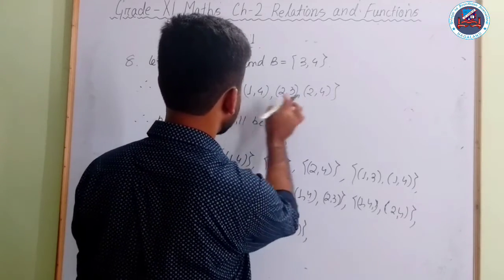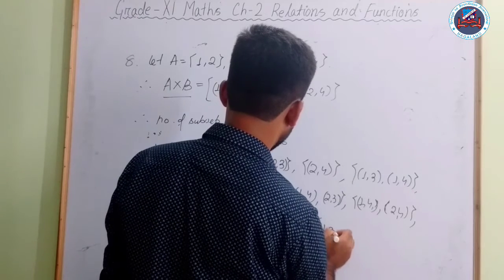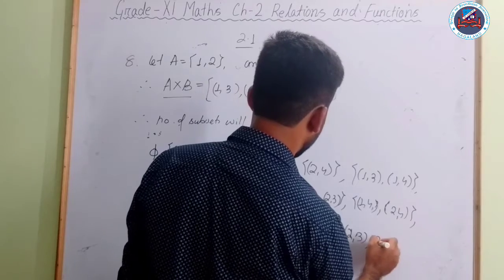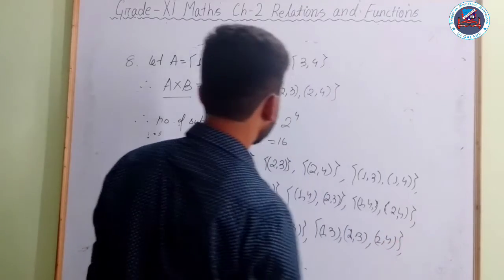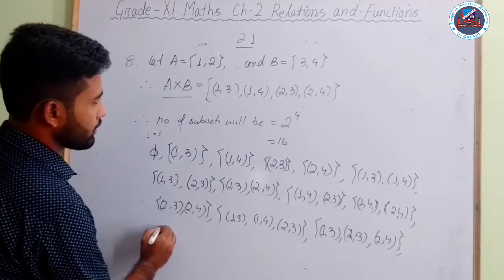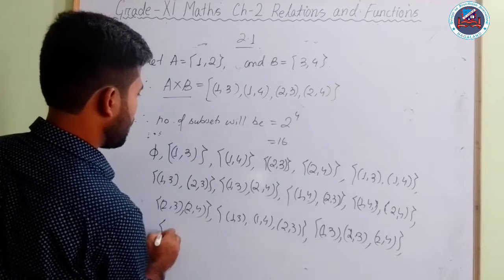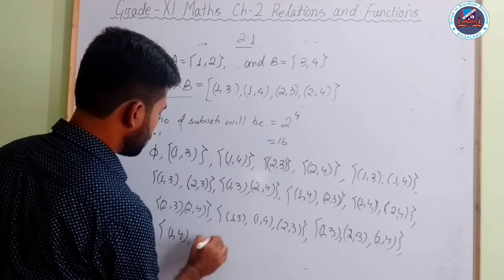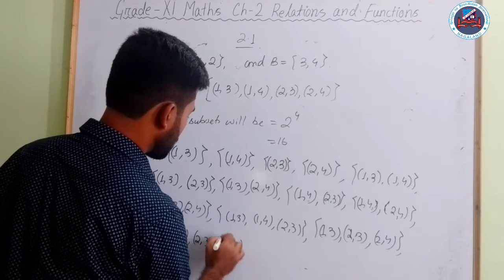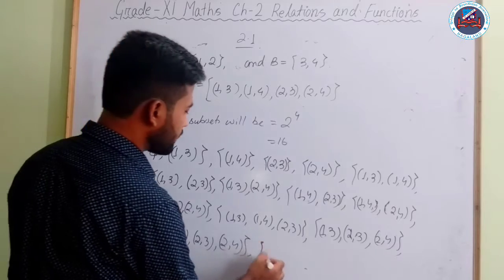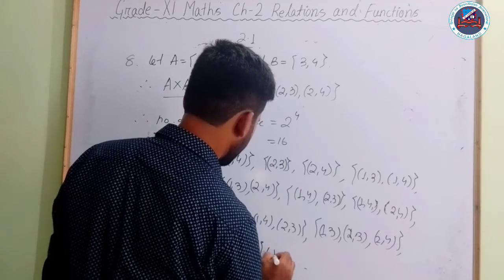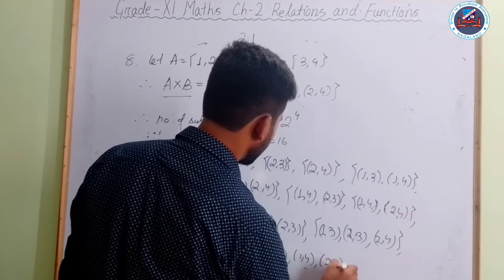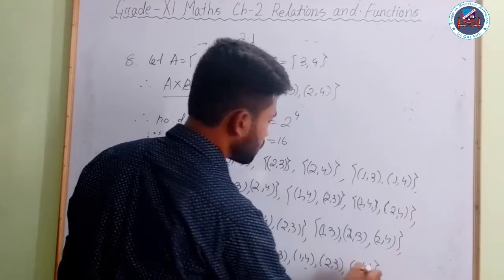Then let us take this and this. {(1, 3), (2, 3), (2, 4)}, and let us take {(1, 4), (2, 3), (2, 4)}. So we have taken almost all the elements, and the last, that is the original set itself, that is {(1, 3), (1, 4), (2, 3), (2, 4)}.